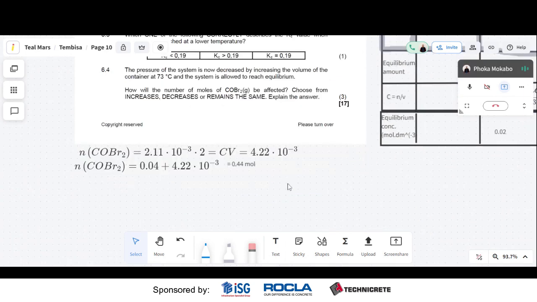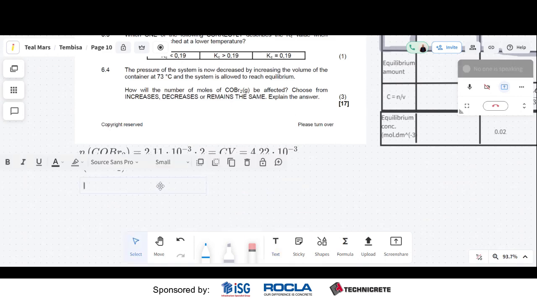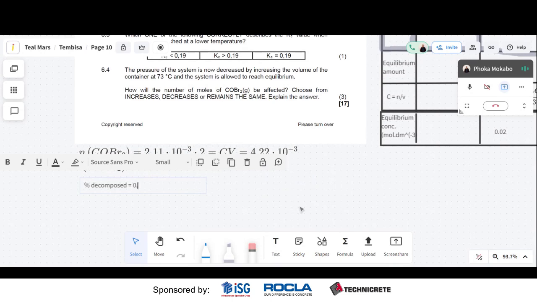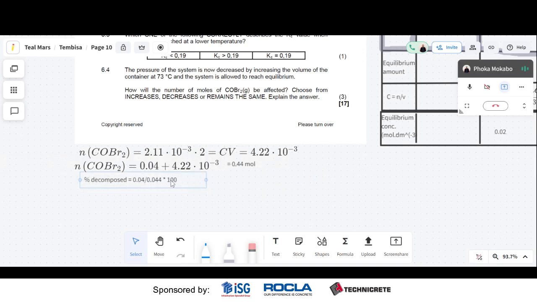So the percentage decomposed is equal to the change over the initial, right, times 100, is the formula.